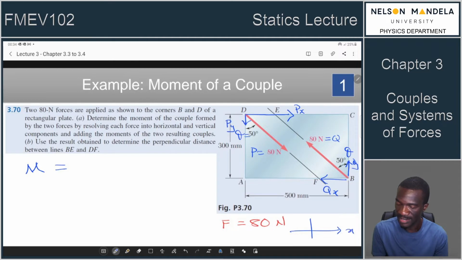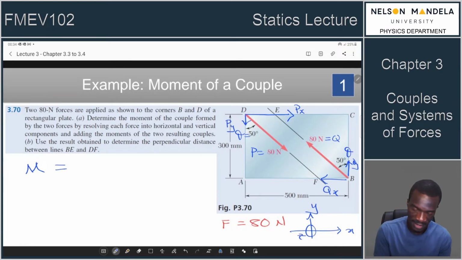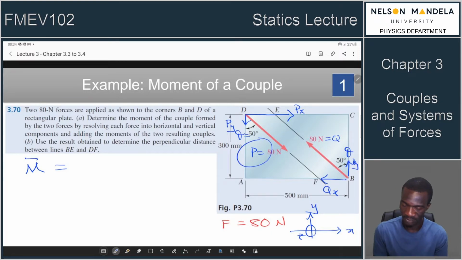Let's put X as that direction, as we had done with the distances, and then that would be our Z-axis. To find the total moment of the system, let's discover the moment due to the force P. We're going to have two forces, right? We're going to have this force P in the X, and we're going to have this force Q in the X.